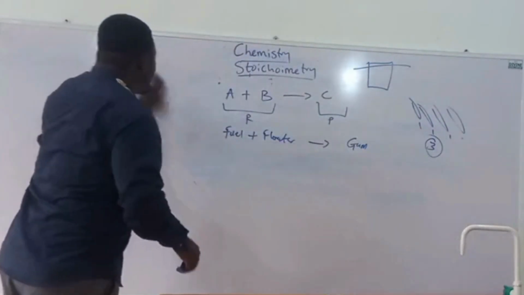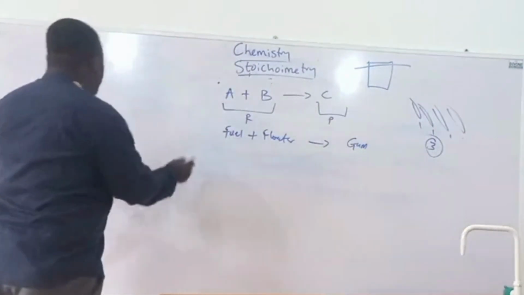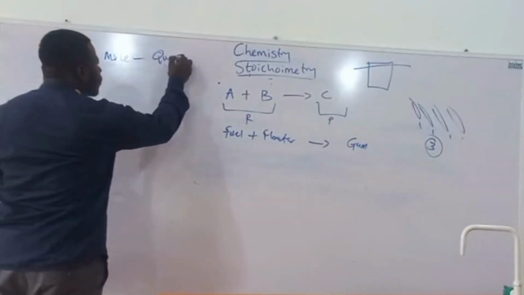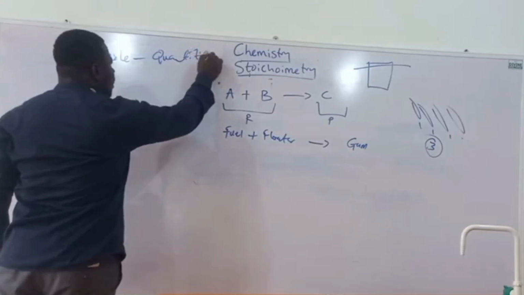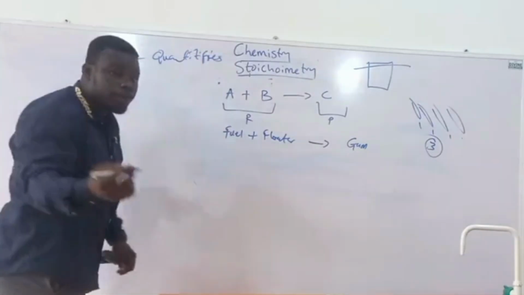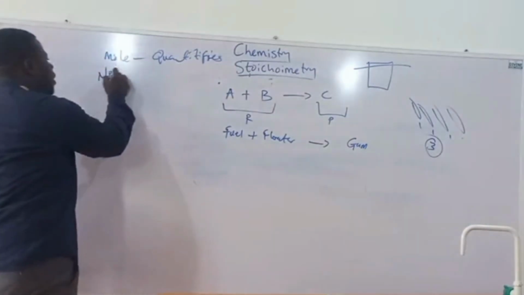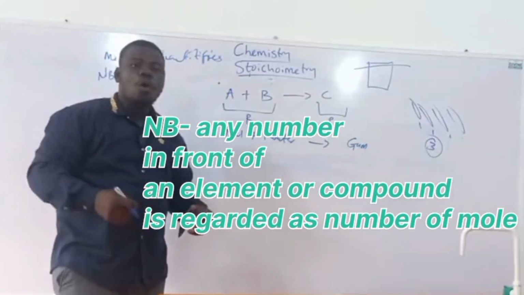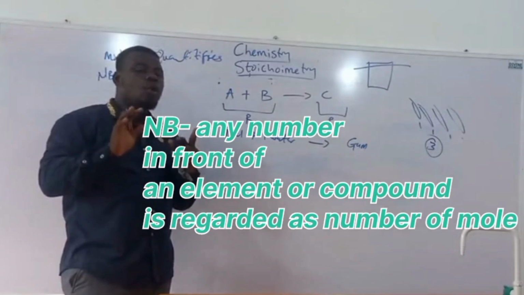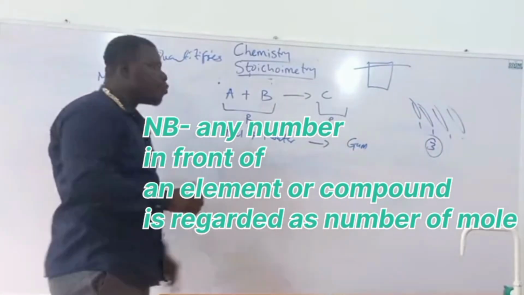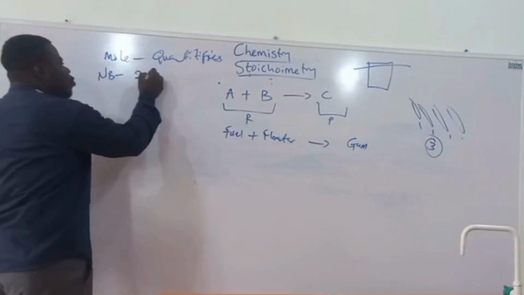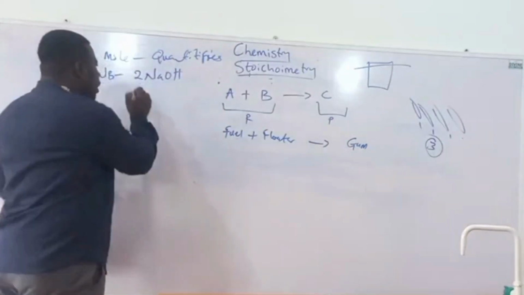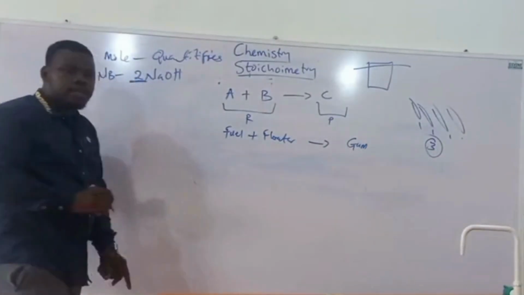To give an example for all that I just explained, remember, a mole quantifies what? It quantifies an item, right? So note that whenever there's a number at the front of a compound or element, that number stands for the number of moles. For example, if I have 2 NaOH, what is the meaning of this 2?